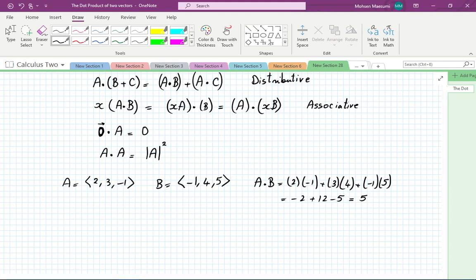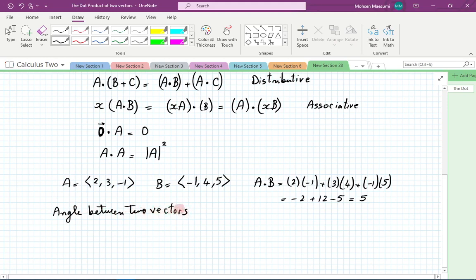The first major property of the dot product comes in the context of calculating the angle between two vectors. So this is the first major property we are going to mention.